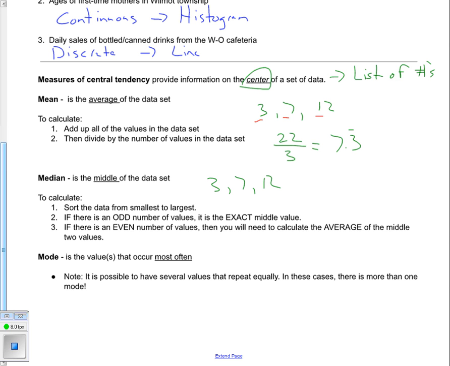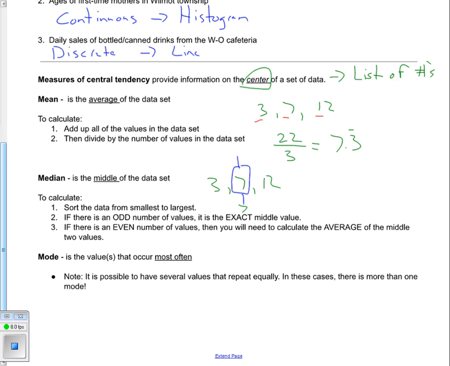If there's an odd number of values, it's in the exact middle. So in this case, I have an odd number of values, so I have 3 numbers. So my median in this case is 7. However, if I throw in an extra number, then suddenly it becomes an even number of values.